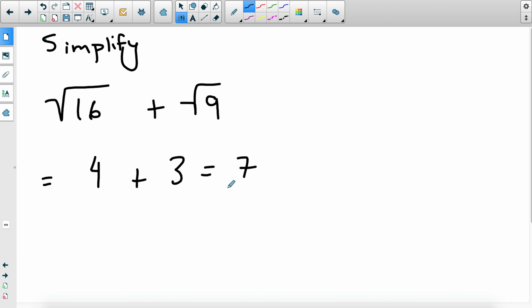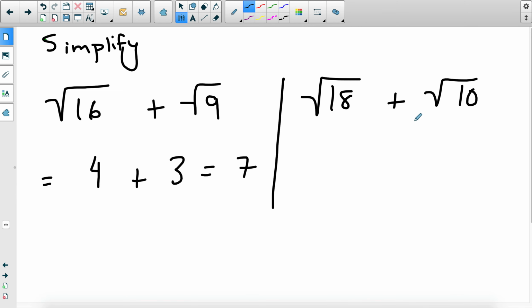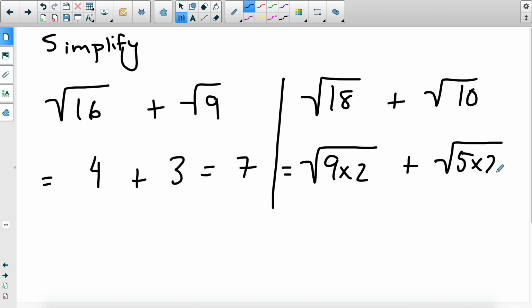In some cases, it won't really simplify. So let's say you had the square root of 18 plus the square root of 10. Well, in this case, I can simplify it by splitting this 18 into, say, 9 times 2, and then square root of 10 could be 5 times 2.